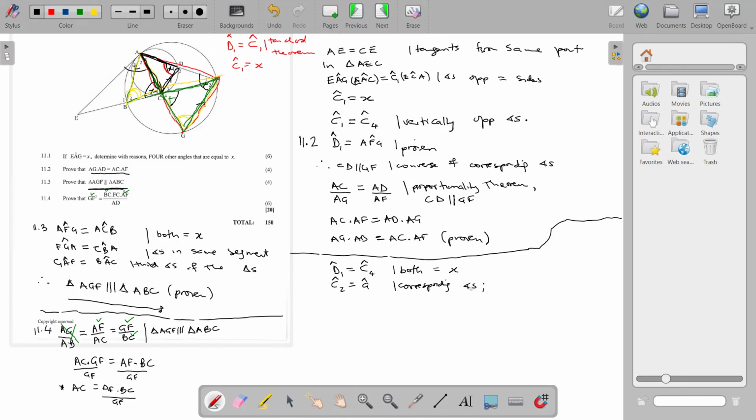If you check earlier on, it has been proven here that CD is parallel to GF. So with this, we can conclude that the third angles, which is the angle A3, is equal to the angle F2.